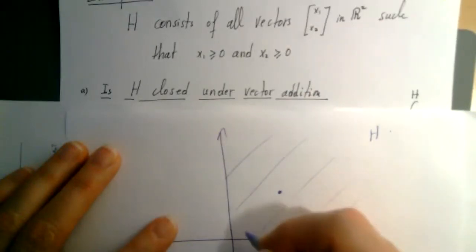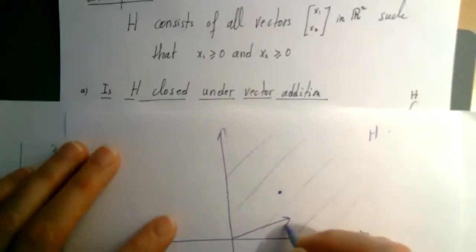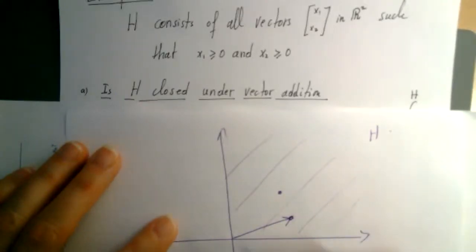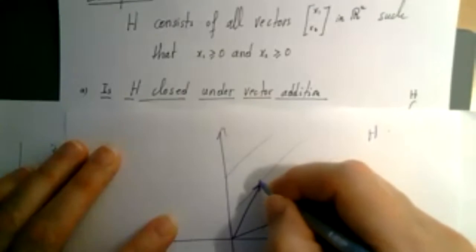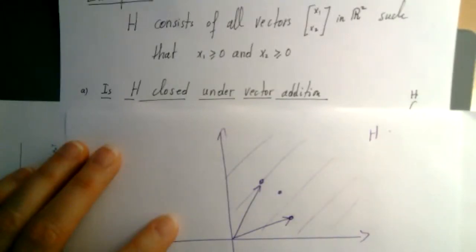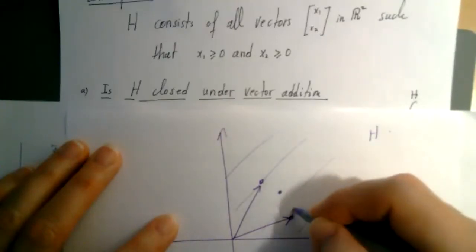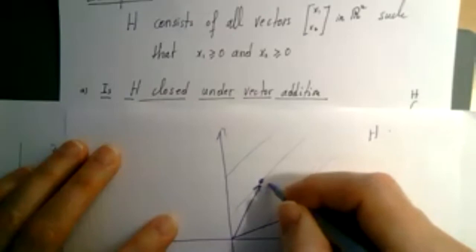So if I take two arbitrary vectors here, and I add them, of course, I'm going to create a third vector. So I'm going to add them geometrically.